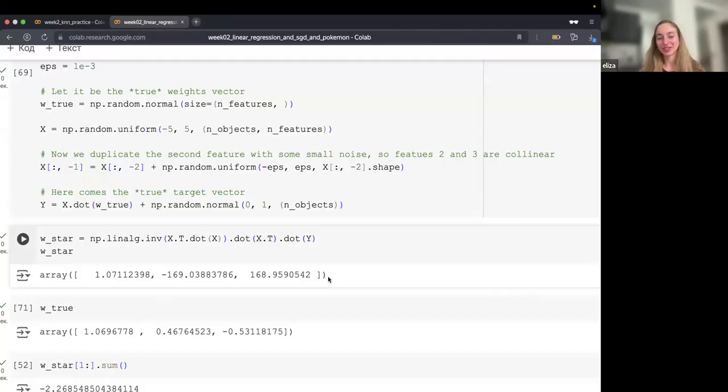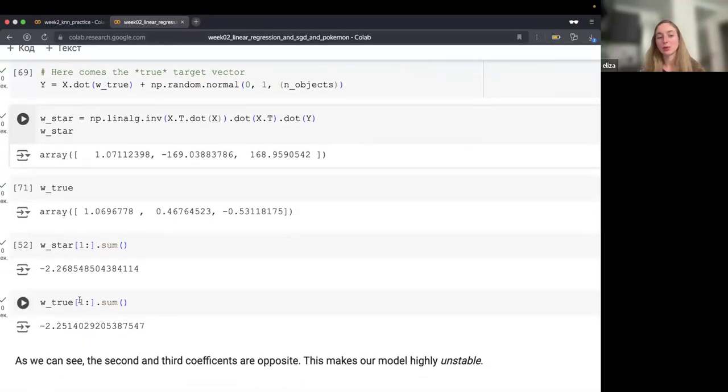When we considered our analytical solution, we wanted to get one optimal solution. And now we are in a situation where we have infinite combinations of our second and third features, which in sum will be close to the true one.